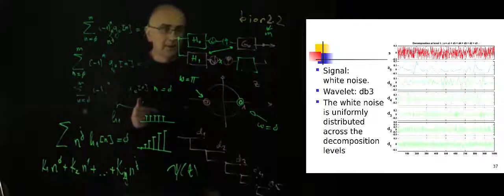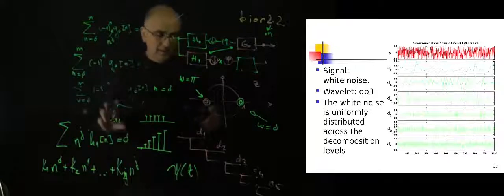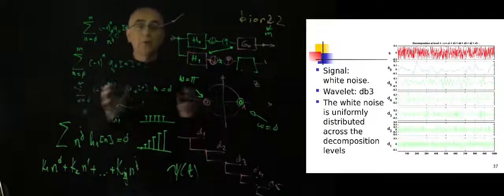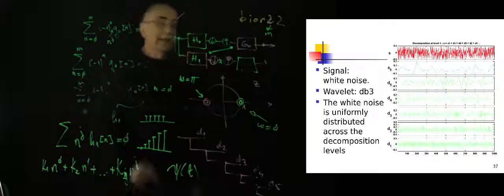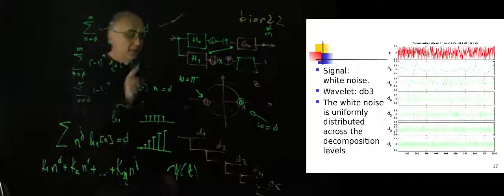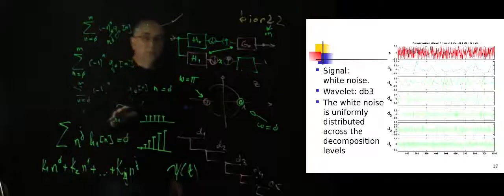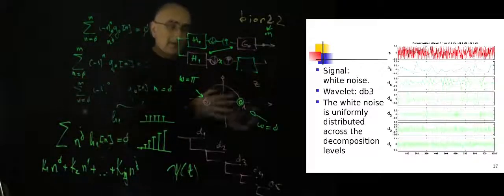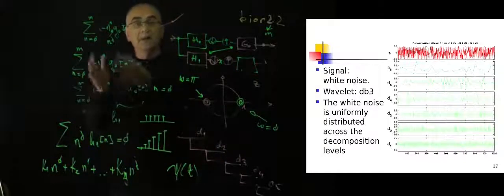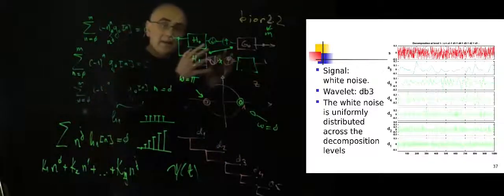On the contrary, in polynomial-like signals the information is concentrated in only a few wavelet coefficients. It gives us a very good idea how to split between noise and signal, between information and disinformation.